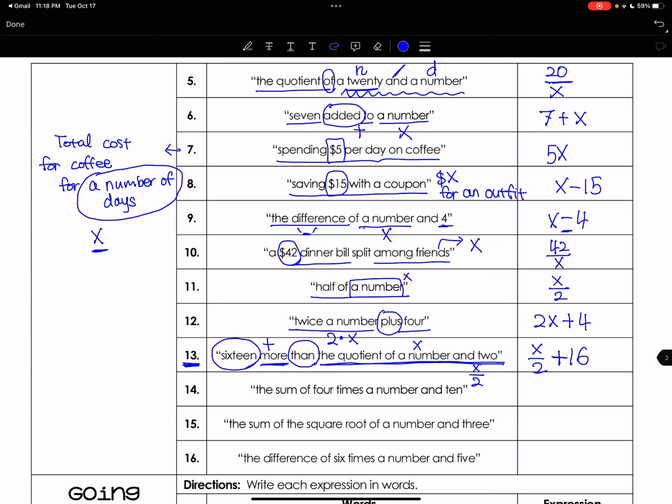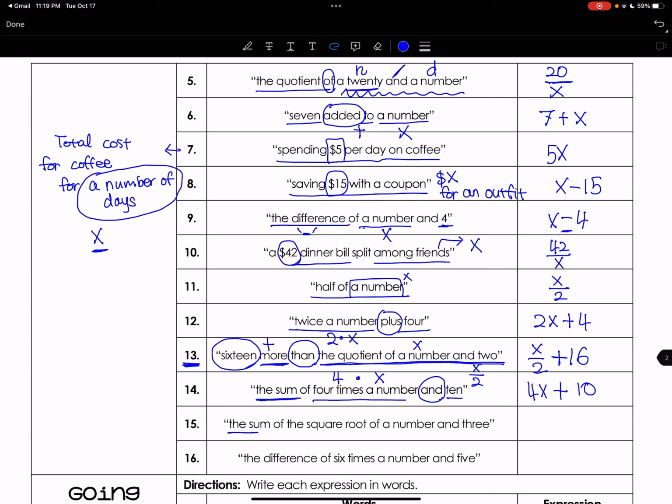And then number 14, the sum. So you're adding two values. One is 4 times a number. So you need to multiply 4 by a number, so it could be written as 4x and 10.